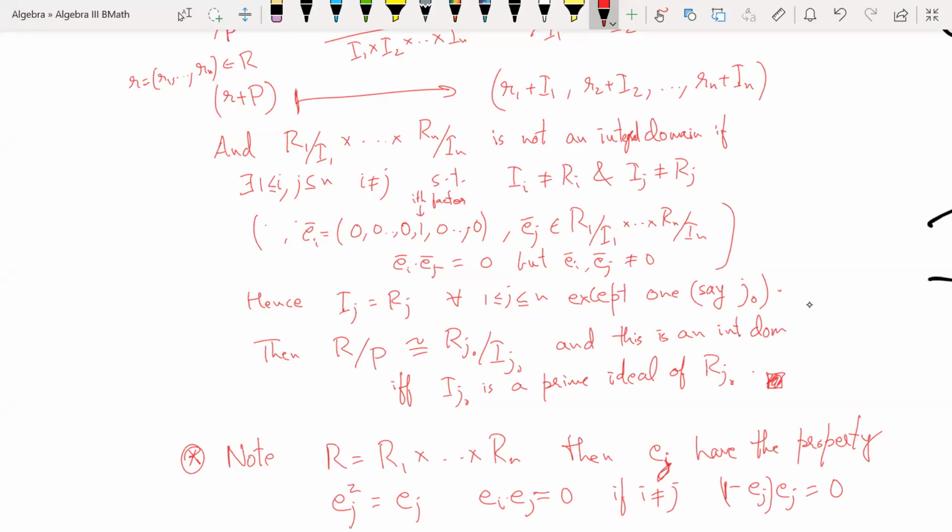So 1 minus Ej will have 1 in all but the jth component, 0 in the jth component, and Ej will have 0 in every component and 1 in the jth component. So their product is 0.